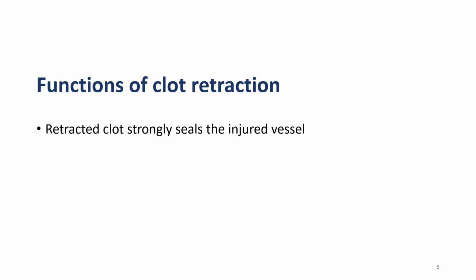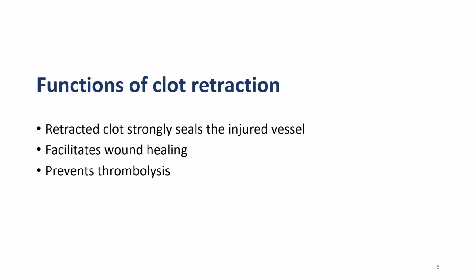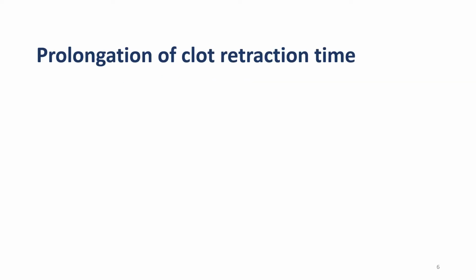Then write about the functions of clot retraction. A retracted clot strongly seals the injured vessel. It facilitates wound healing. Clot retraction also prevents thrombolysis. Next, about the prolongation of clot retraction time.